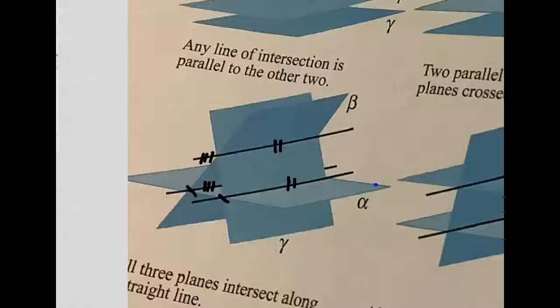So they are intersecting in 3 straight lines. Again, 2 parallel coincident planes crossed by the third plane. So we have 2 parallel lines. For 2 parallel coincident planes crossed by the third plane, we get a single line.